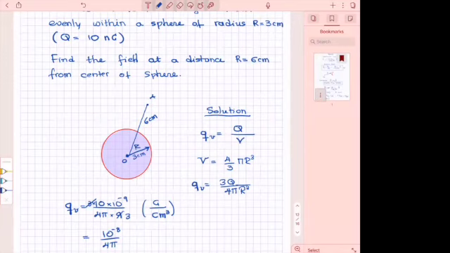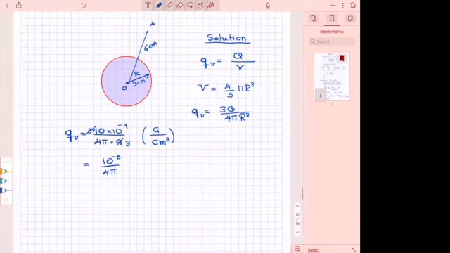Why would I put 27? R cubed, I'm trying to find the charge density. That's what 3 cubed is. Ah, yes. I'm sorry, 3 times 9. Yeah, okay. Forgot my fundamentals.